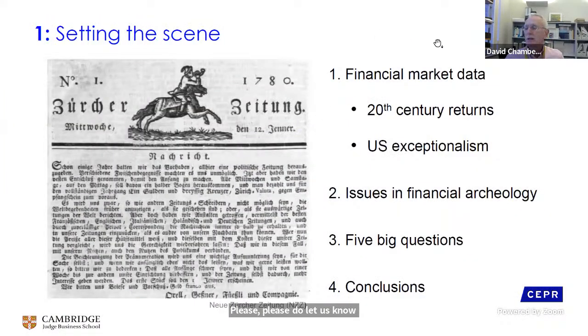The primary topics I'm going to be talking about are financial market data that span largely the 20th century, but also go back into the 19th century. Much of what we know about the 20th century, as I'll show you in a second, has documented just how exceptional returns have been in the United States. That is one of several good reasons to reach further back into the past to look for more data.